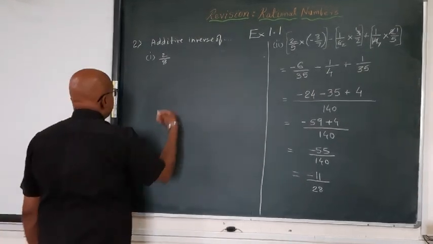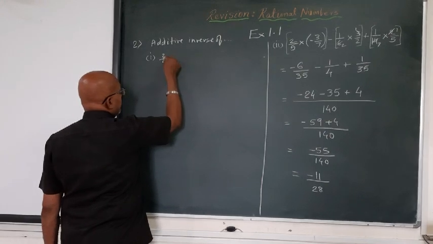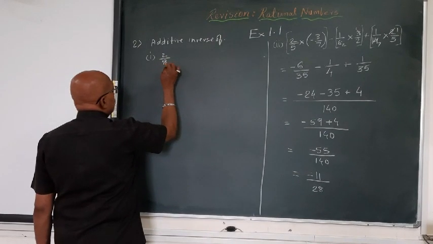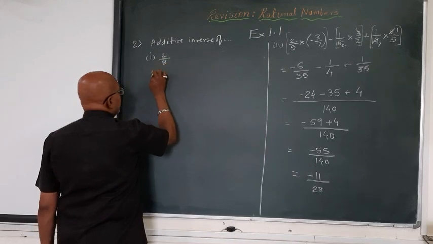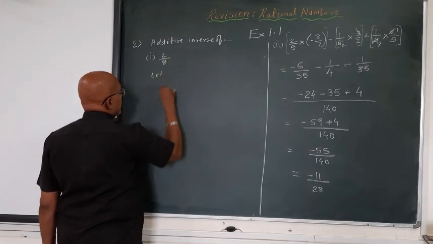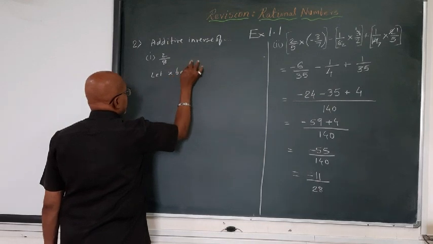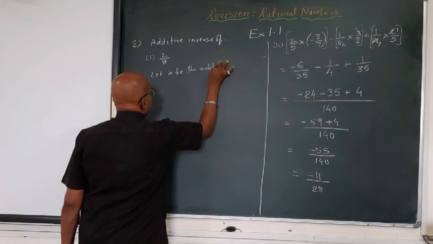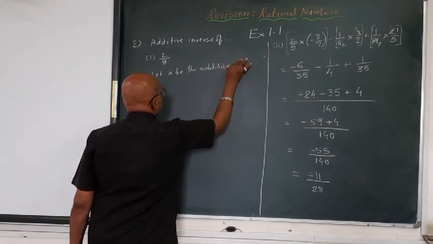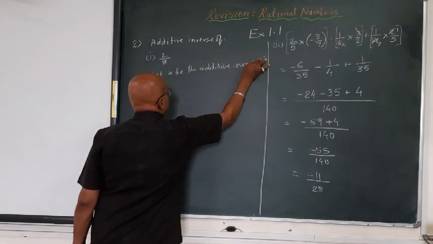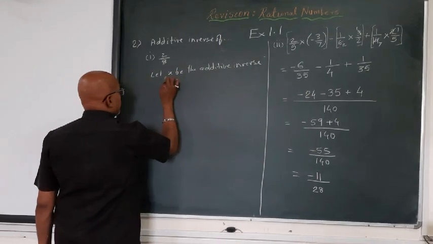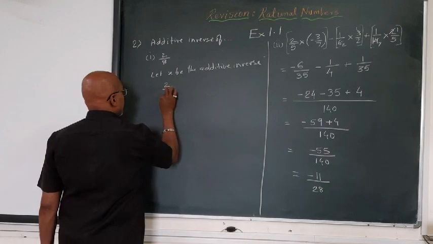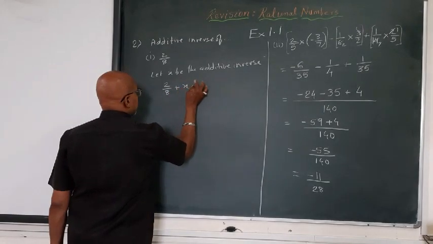So what we will do is, very simple it is. First, we will reduce this. So I will write it, let x be the additive inverse. So 2 by 8 plus x equal to 0.